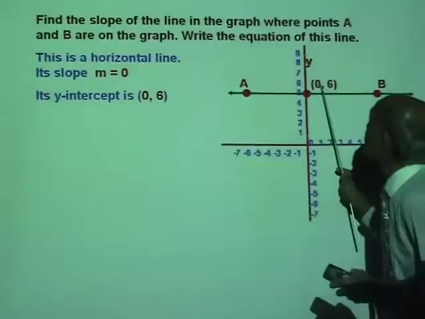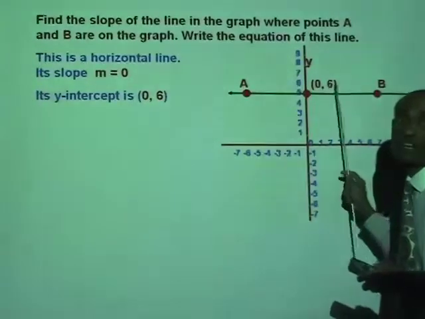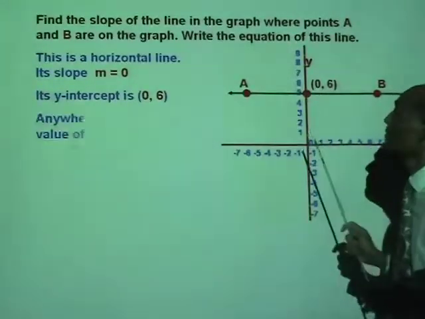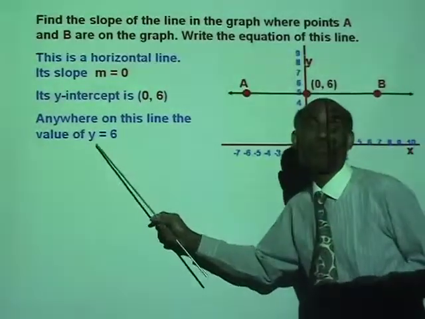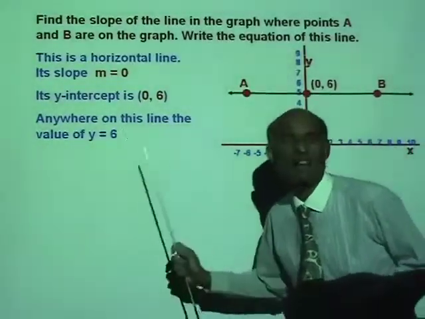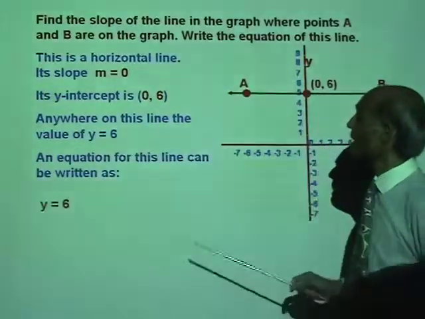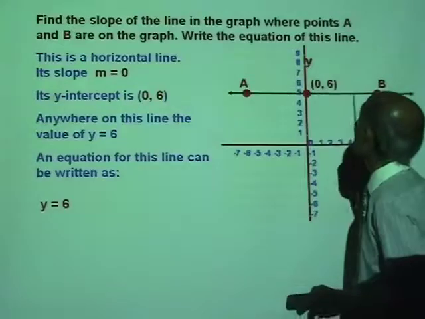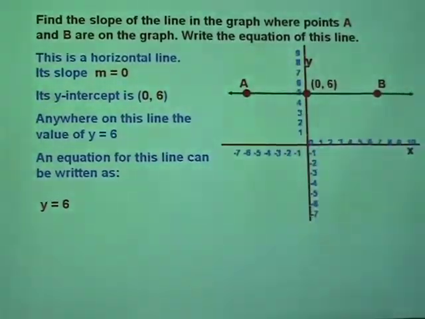This is the y-intercept, that is 0, 5. I want you to correct that. It's not 0, 6, it is 0, 5. Anywhere on this line, the value of y equal to 5 again, not 6. And therefore, the equation of the line is y equal to 5.